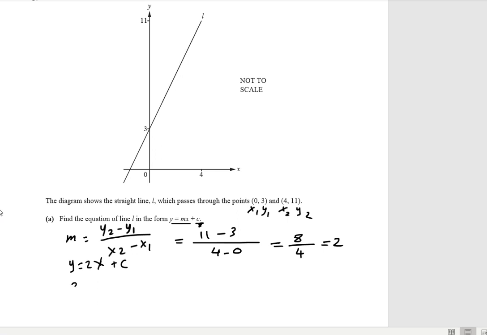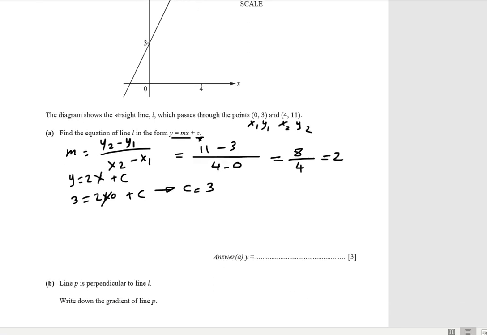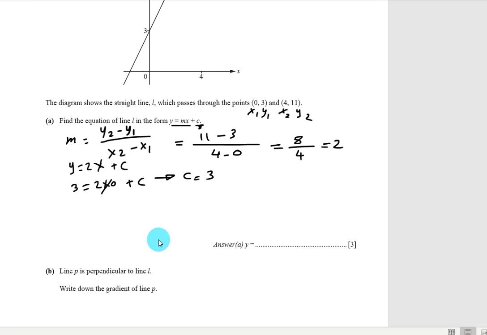When y equals 3, x is equal to 0, so from this equation c is equal to 3. So the equation of the line is y equals 2x plus 3.